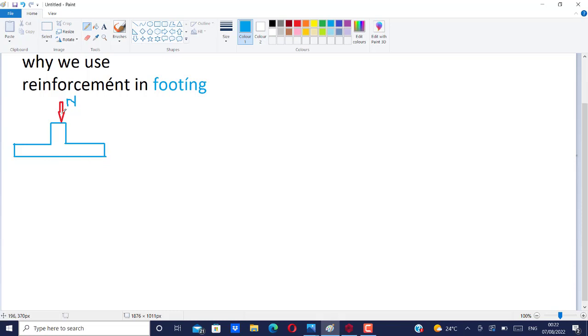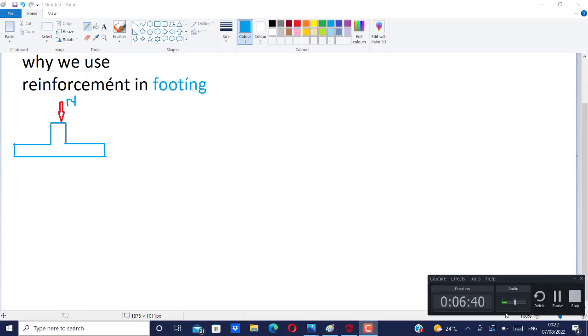Otherwise, if this load exceeds that of our soil pressure coming on it, there will be collapse. So as this force N is acting, there will be an opposite but equal force that will be acting under this footing. Now let me try to make a sketch of it so that we can see what I'm talking about.